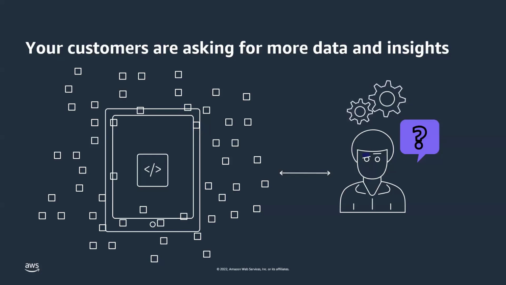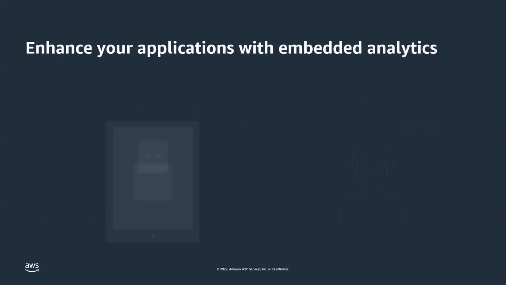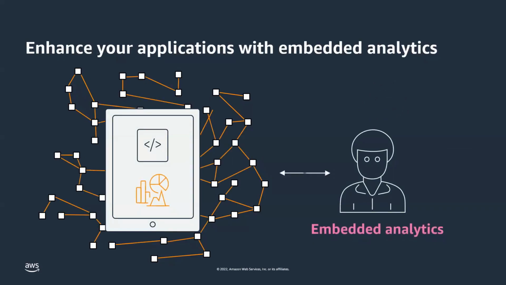These end users can be internal teams or departments, or they could be external customers. These insights can help application owners and end users understand their usage better. For example, end users of a banking application wanting to understand their own spend, or teachers or educators wanting to understand student behavior better. And that's where with AWS, you have a broad suite of data and analytics services that help you generate insights from your data.